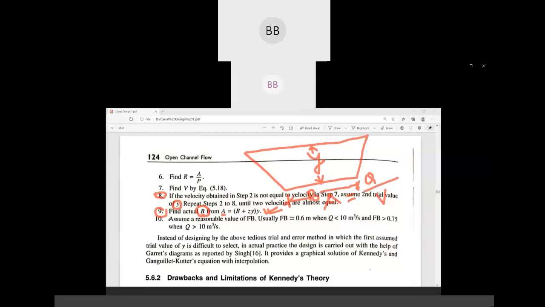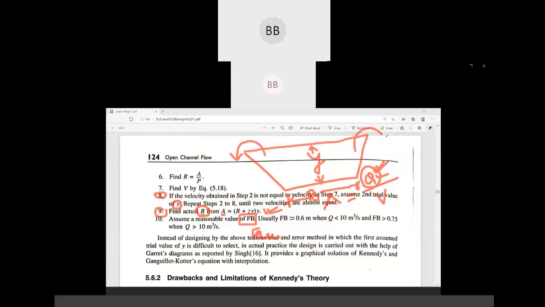Then we have to provide a value called fb. Fb is nothing but your freeboard. Why do we need to provide freeboard? Suppose this discharge is known to us, so we are going to design this canal for that particular discharge. We are not going to take a risk, because if a discharge greater than this Q comes, it will overflow from the channel.